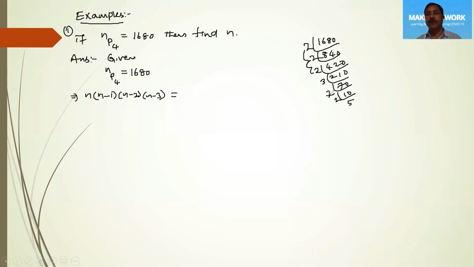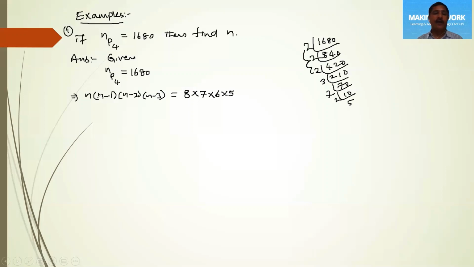So 8 into 7 into 6 into 5. So we can express this as the product of 4 consecutive numbers as 8 into 7 into 6 into 5. After factorizing this value 1680, we can observe it can be expressed as 4 consecutive numbers: 2 into 2 into 2, 8, and 7 is there, and 3 into 2, 6 into 5.